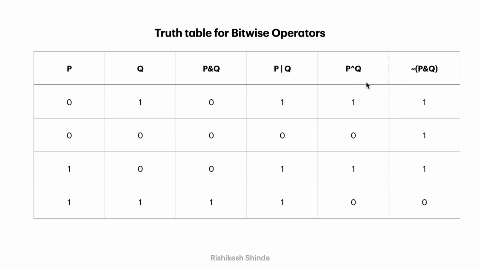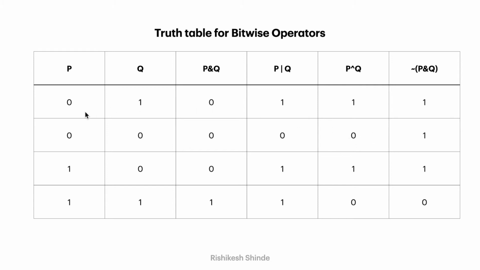Now what happens in the XOR case? Here the third one is the XOR, P XOR Q. If we have different values, then we result in 1, that is a true output. But if we have the same values, then we result in a false output, that is 0.